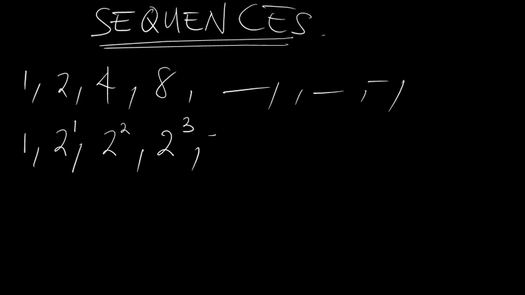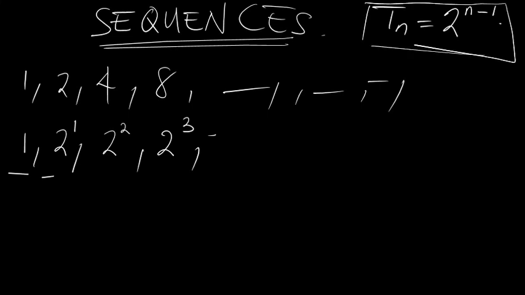you will see the pattern I'm seeing here. The first term, the second term, the nth term will just be 2 to the power n minus 1. That is the function, the nth term of this sequence.